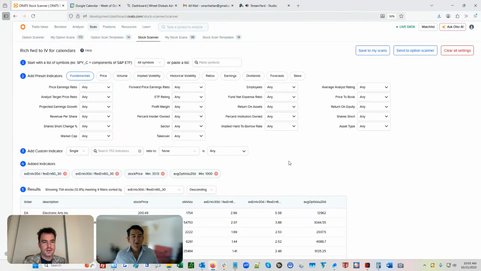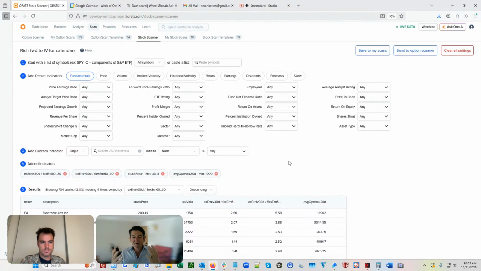Got it. So when you're doing a calendar, you want to find out where that forward volatility is cheap, because you're actually buying it. You're buying a very long-term option and selling a shorter-term option, so you're owning the volatility between those two dates.